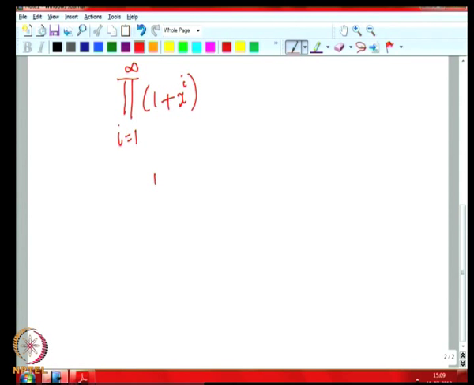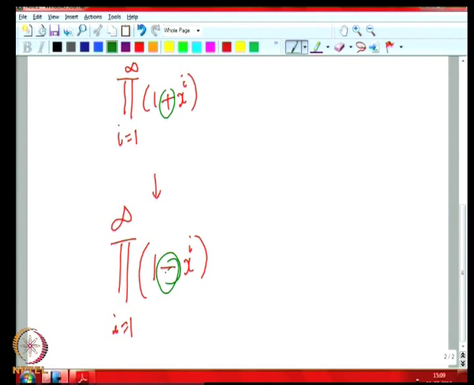But Euler considers the following product, 1 minus x raised to i, i equal to 1 to infinity. So, instead of plus here he is taking minus, that is the only difference. So, how does it change?